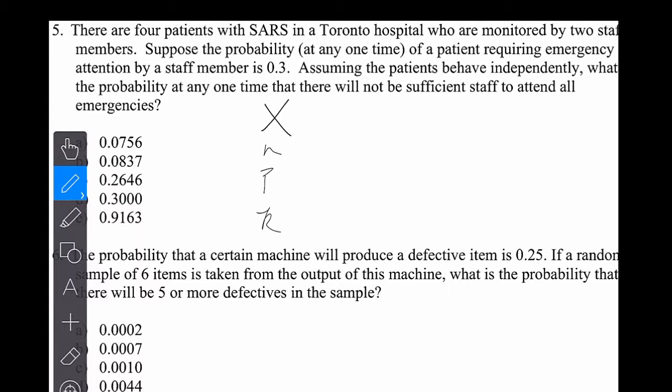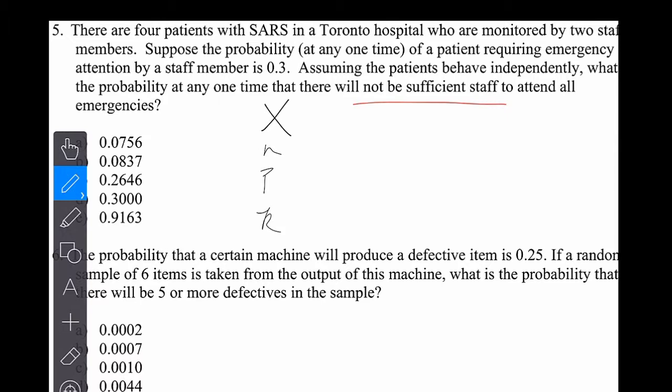So you need to translate this problem into the elements of the problem. Not being sufficient staff is the same as what? Well, if I define the success as needing attention, so let's try that.